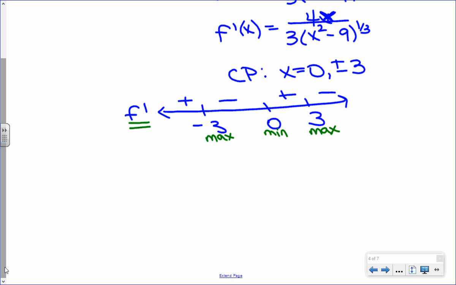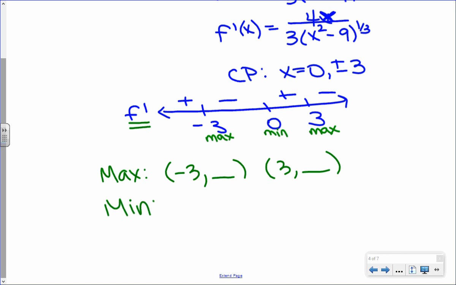Now what we need to do is you need to tell me the coordinates of your maximum. And you need to tell me the coordinates of your minimums, or minimum.